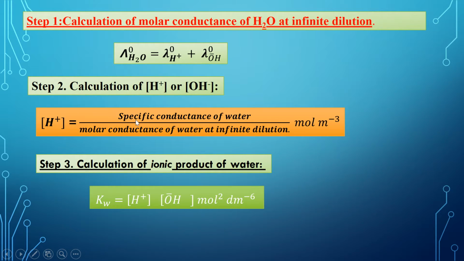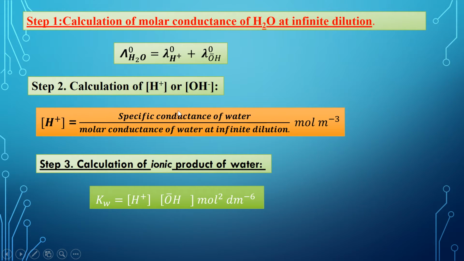You know the relation to calculate the molar concentration of H plus or OH minus ions for an electrolyte, that is water. The relation is specific conductance of water divided by molar conductance of water at infinite dilution.